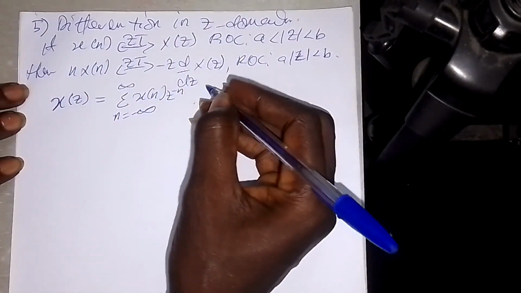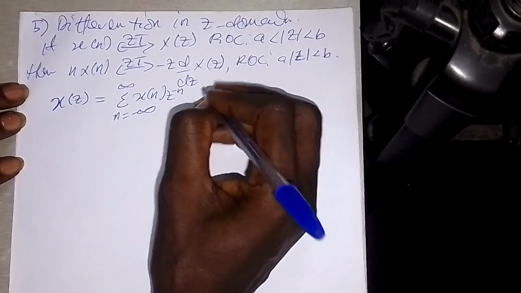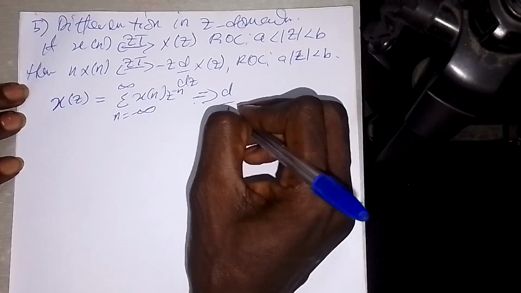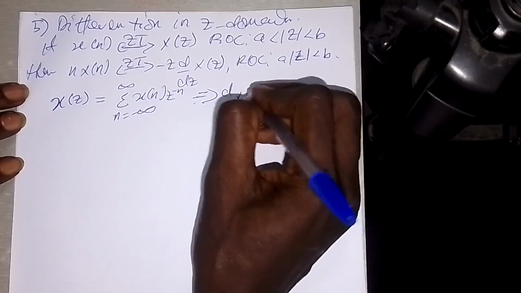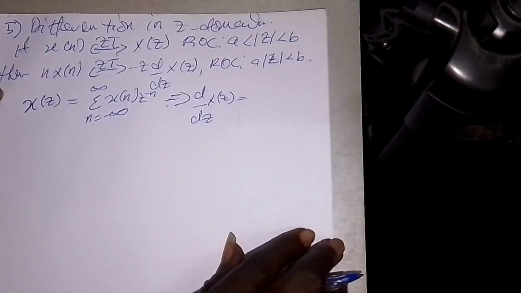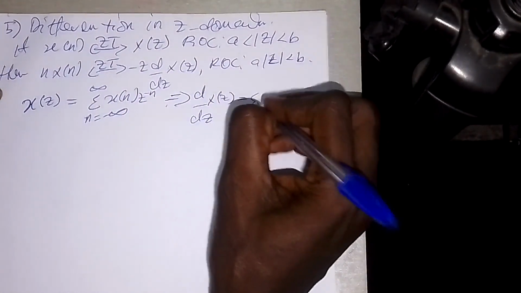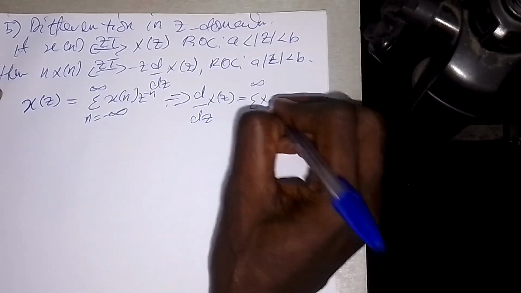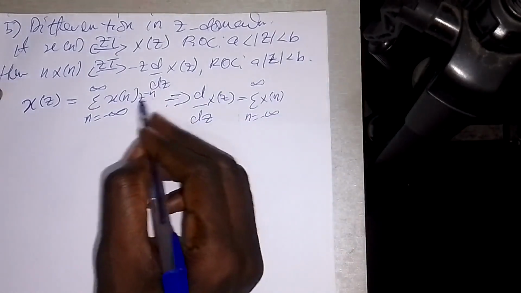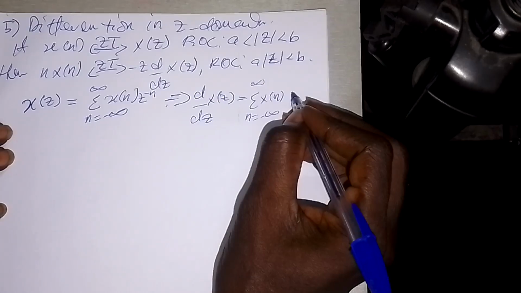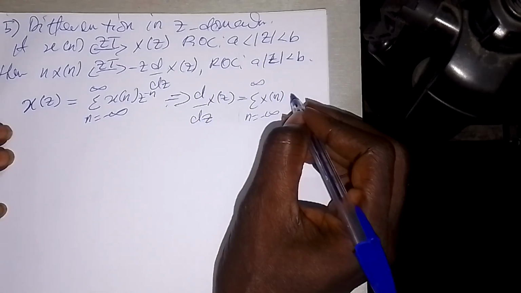To differentiate both sides, you can say that d on dz of X of z is equal to the summation from n equals minus infinity to infinity of x of n, and then you differentiate this side.